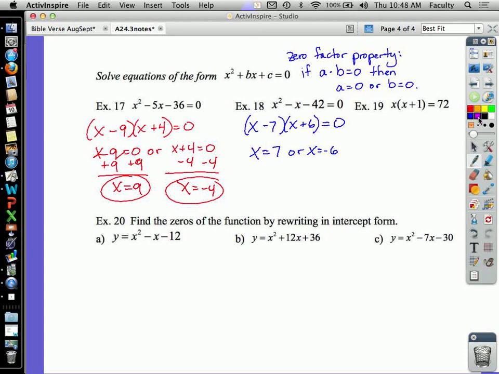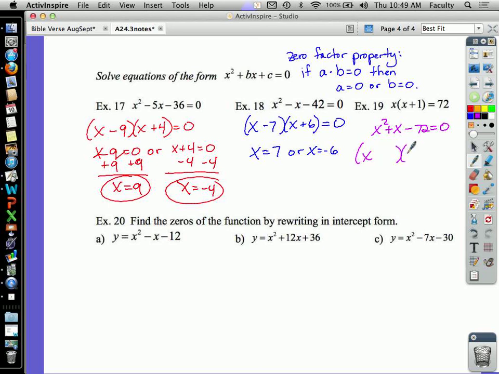All right, now, in example 19, I do not have this equal to 0. So the first thing you have to do is multiply out the left side to get x squared plus x, and you have to subtract the 72. So I get x squared plus x minus 72 equals 0.